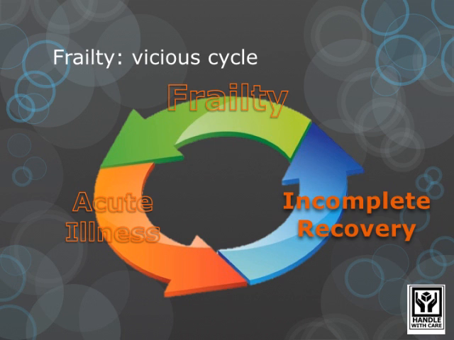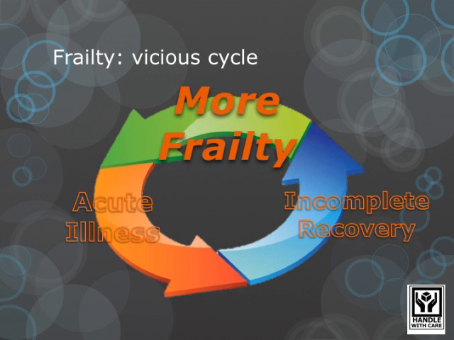This is where places like the geriatric medicine unit and the geriatric rehabilitation unit are absolutely key, but we're not touching the whole population and the problem. And if people don't get full recovery, their frailty gets worse.